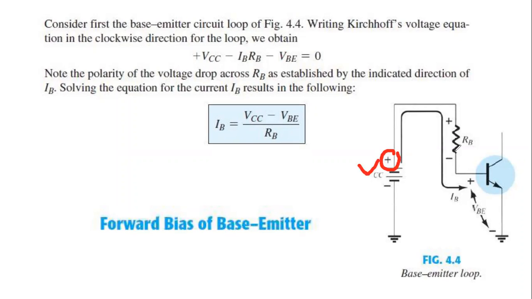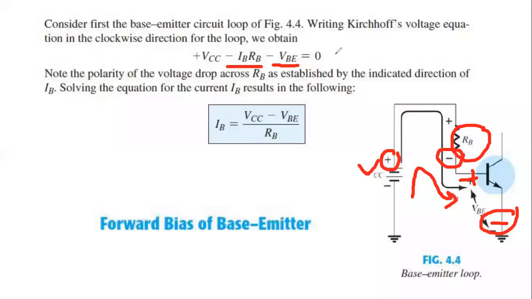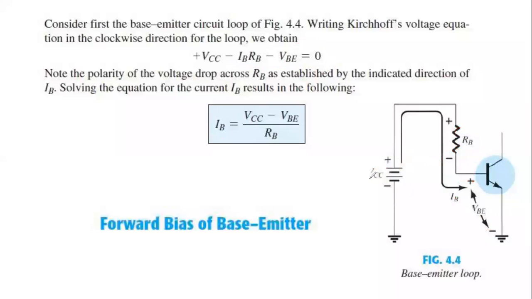Then, because in this circuit the current is the input current IB, it will be RB into IB, minus RB into IB, because we are taking the second sign. And finally, minus VBE. Equals 0. We apply the KVL in the input side.